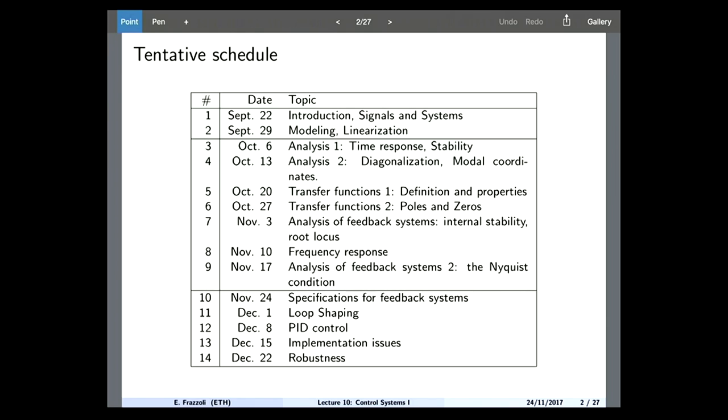Again, this is the whole point of classical control methods. What we do in this class is to learn as much as we can about the closed loop just based on the knowledge of the open loop transfer function, or the open loop model.